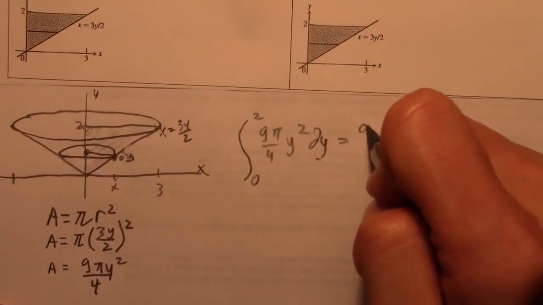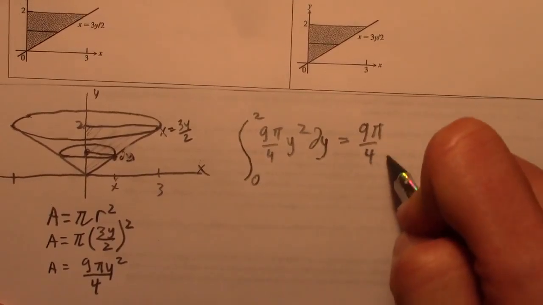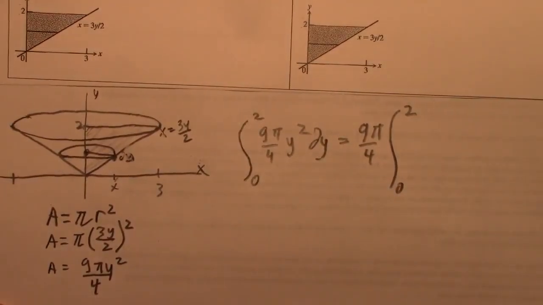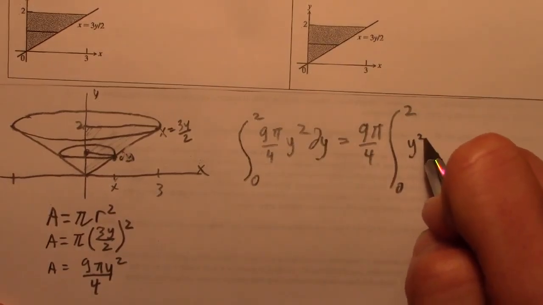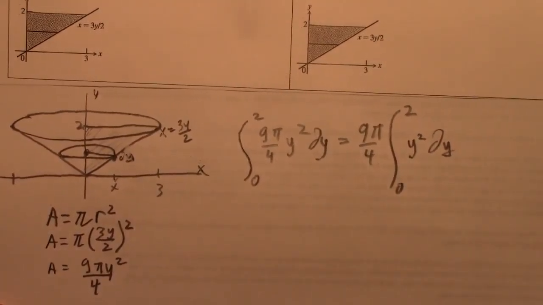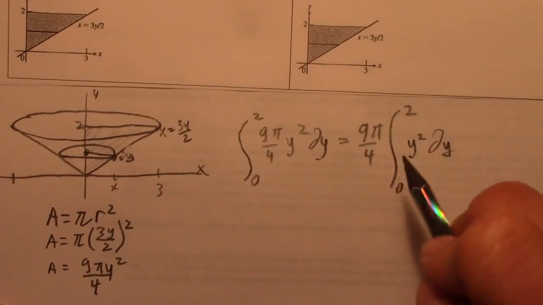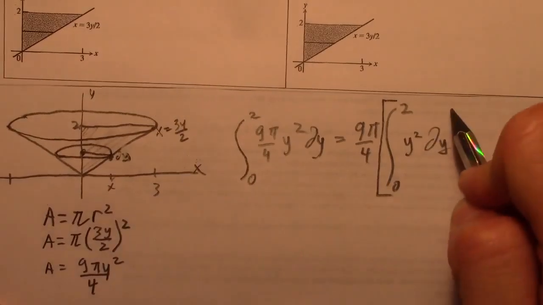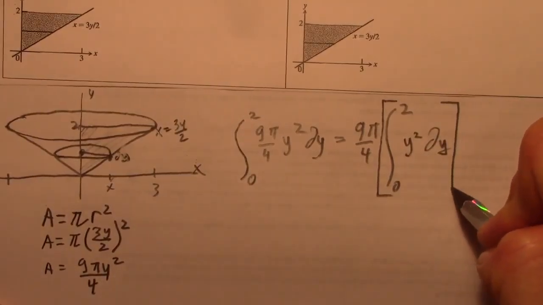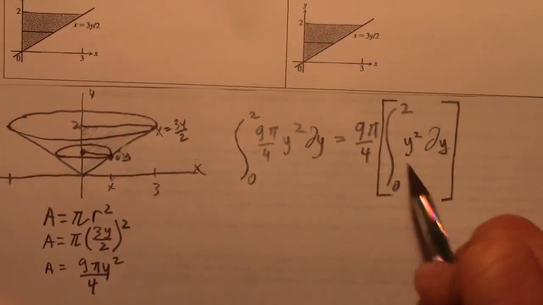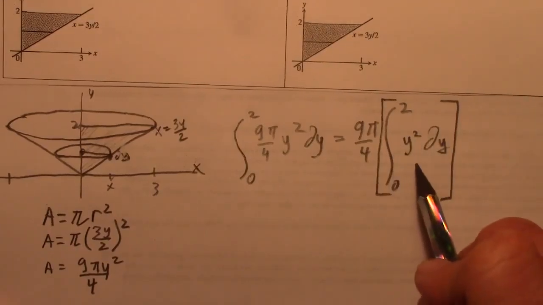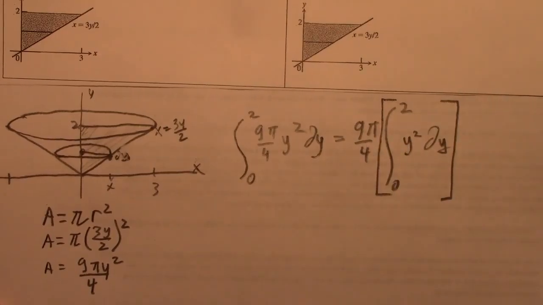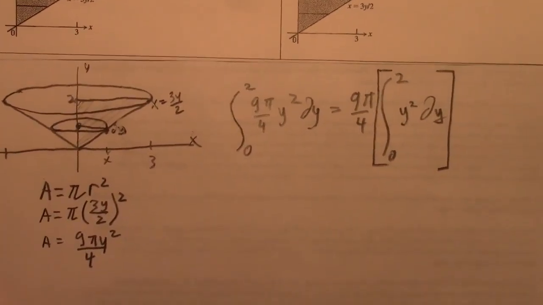I'm going to factor out that 9 pi over 4 from the integral, and all I'm left with is simply y squared dy. And then importantly, we have to see that all of that integral is in a Texas size bracket. So this nasty chunk stays by itself. Whatever happens with this integral gets multiplied by 9 pi over 4.